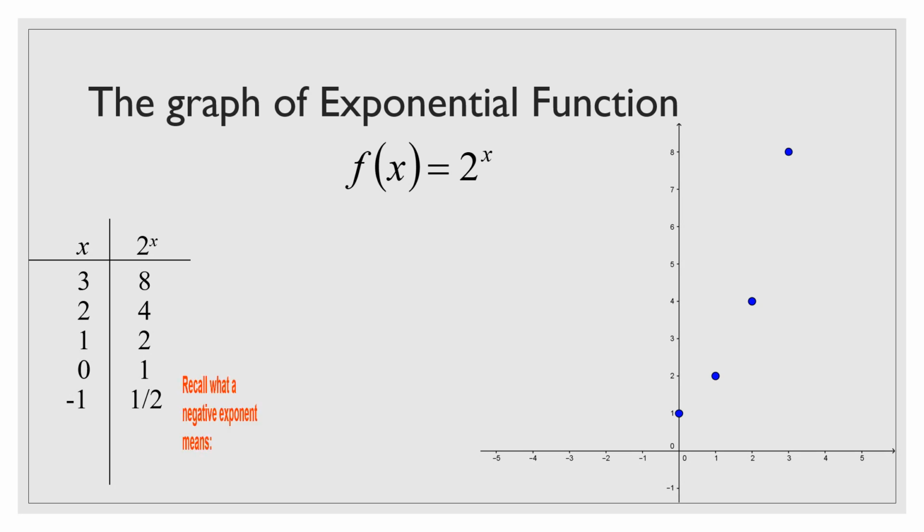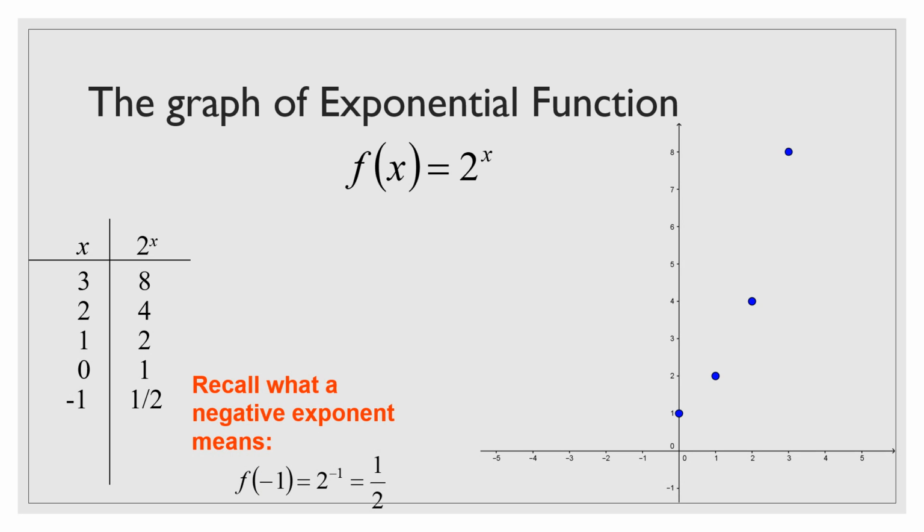Now, if our x is equal to negative 1, we have to recall that if our exponent is negative 1, then we can rewrite this whole term as 1 over 2, or 1/2. That would be our next point.